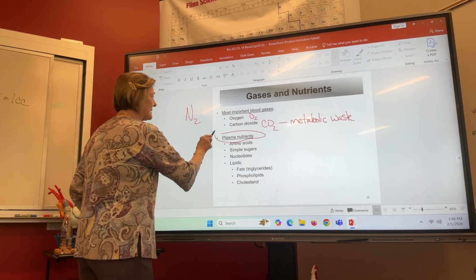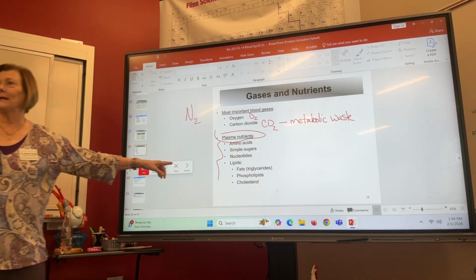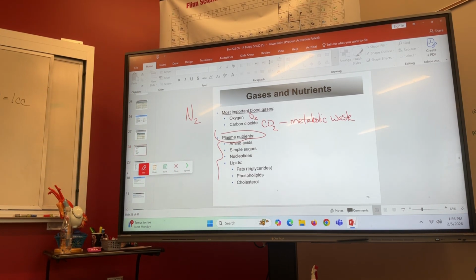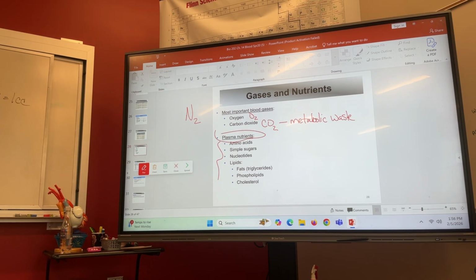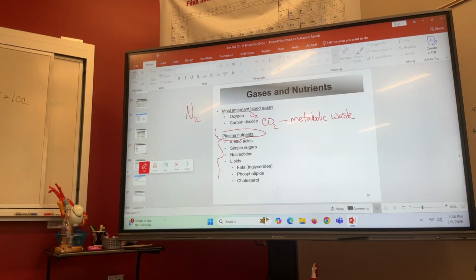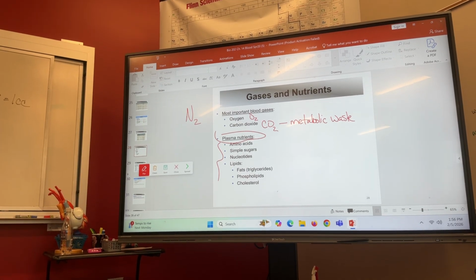This makes me think of something. What does it make y'all think of? Oh, the big 4. Yeah, the big 4. Look at that, floating around. All my plasma nutrients, the things that I need, the things that I have eaten are going to be converted. So amino acids are what?